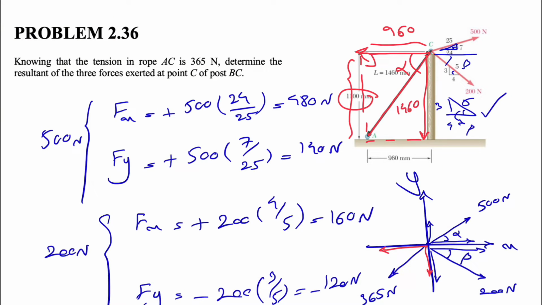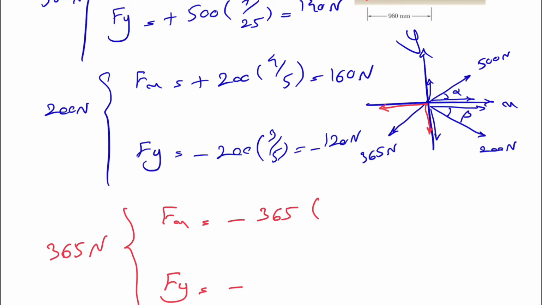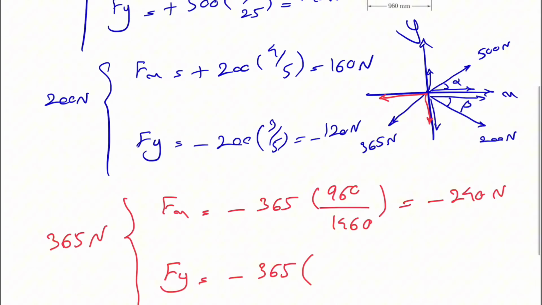Let's call the angle theta this time. For the x component, we have the cosine of theta, or 960 divided by 1460. If we calculate this, we get minus 240 Newton. For the Fy, again we have 365 times the sine of theta, which is 1100 divided by the hypotenuse, 1460. This gives us minus 275 Newton.